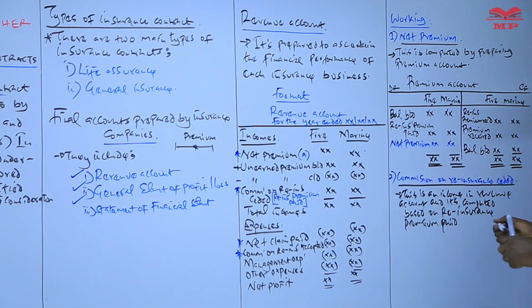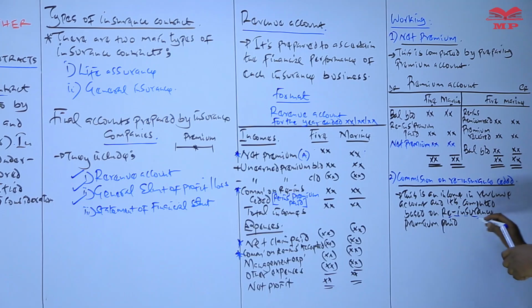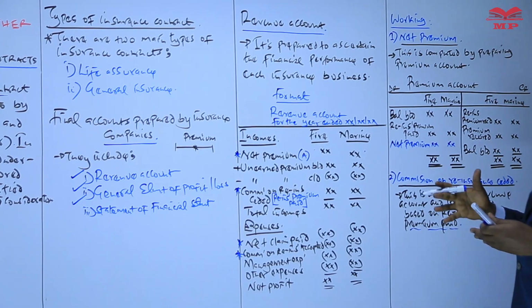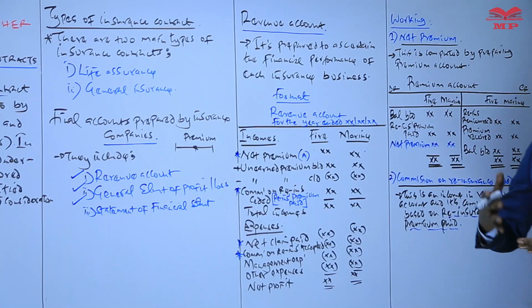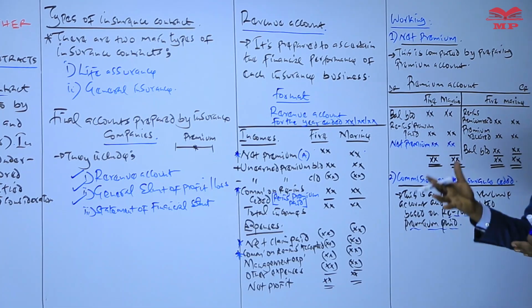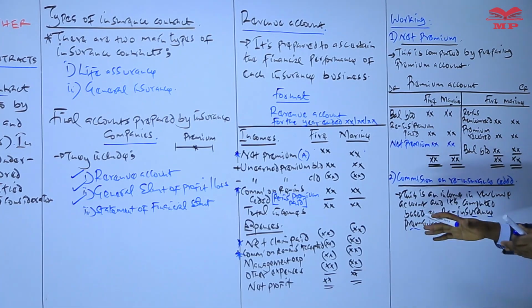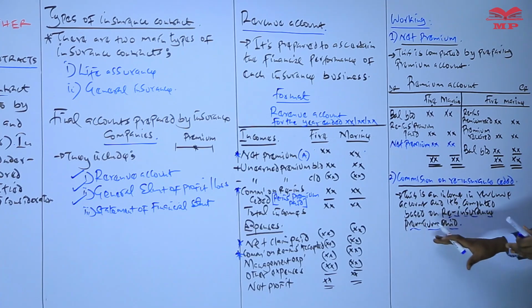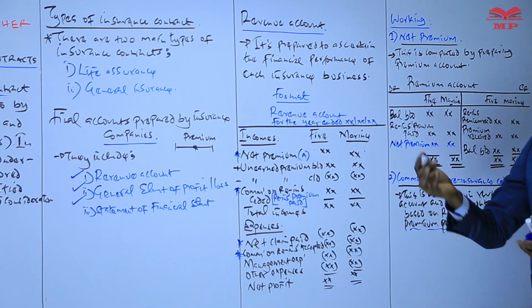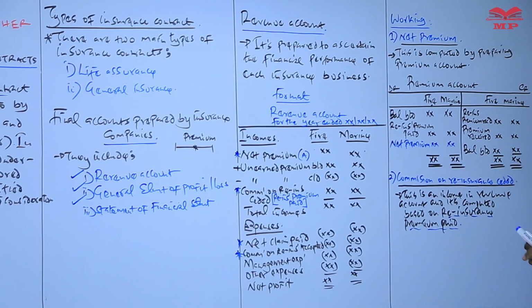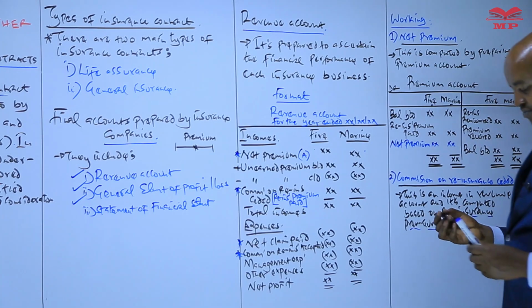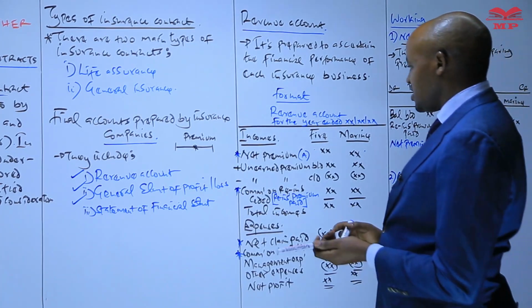We compute it based on the reinsurance premium paid, because the examiner will just tell you the commission on reinsurance ceded is maybe 10% or 5%. To compute that amount of commission, you take the percentage given times the reinsurance premium which was paid. So then we have the other item here, which is the net claims.